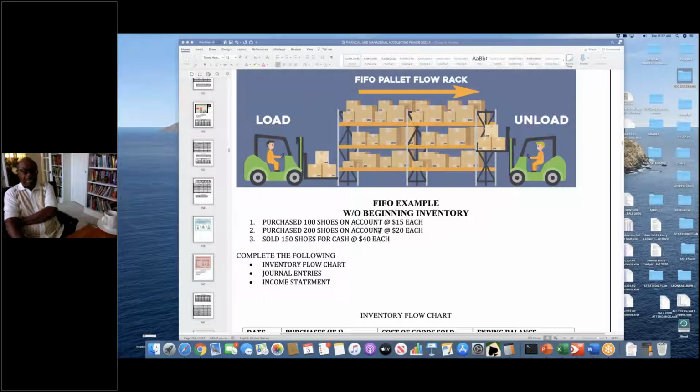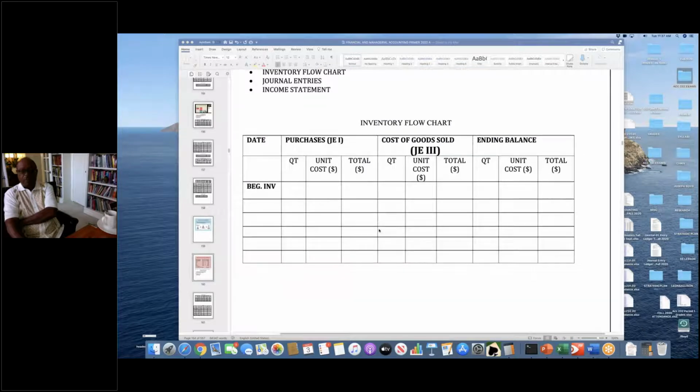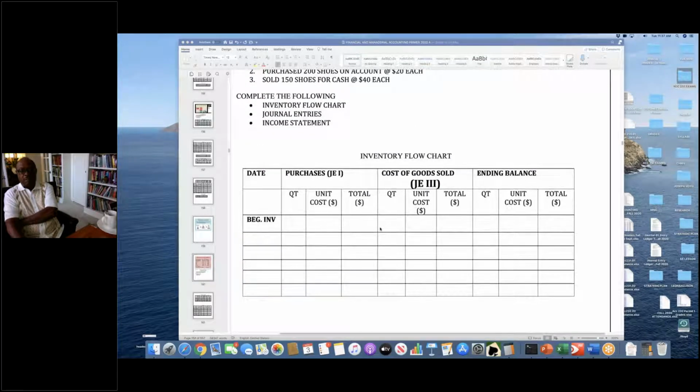So to help us in our work, we have this inventory flow chart. What the inventory flow chart is going to do is put journal entry 1 and journal entry 3 in the chart. The sales price does not go in the chart, the sales entry. I'm going to say it a second time.